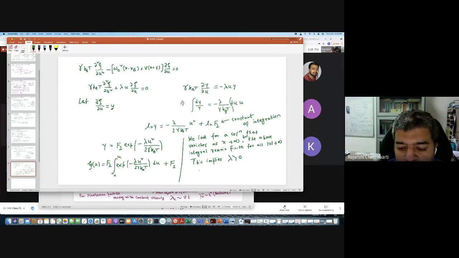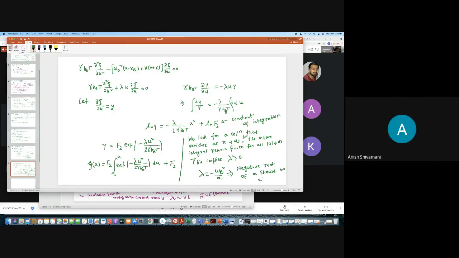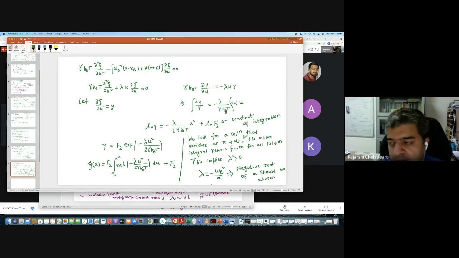If you go back, you see lambda was minus omega b square by a. So it basically means the negative root of a should be chosen, isn't it? Yes, sir. So minus divided by minus becomes positive. So lambda is positive. In order to ensure lambda is positive, one has to take the negative root of a. Okay?